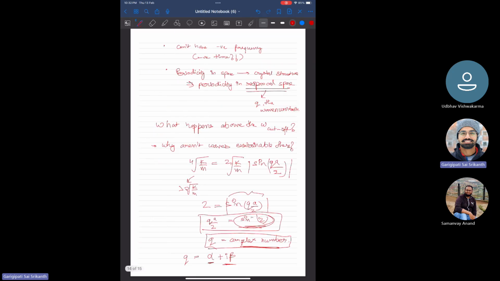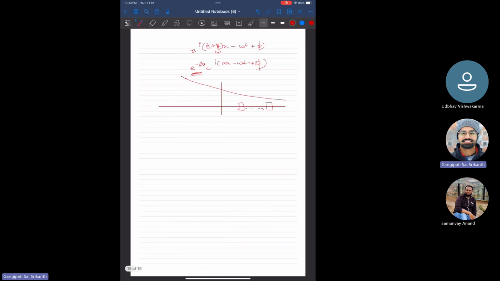So similarly, what happens when q is complex, then what happens? The answer you can think about is just like how if the wave number is complex, the imaginary part attenuates in space.